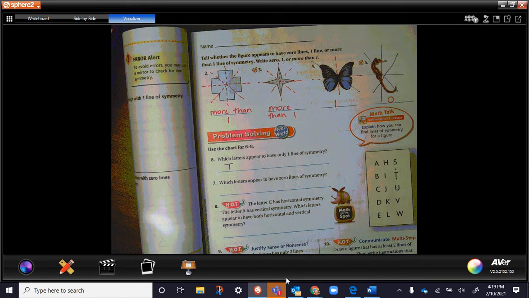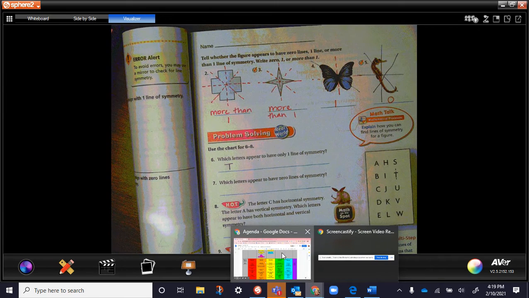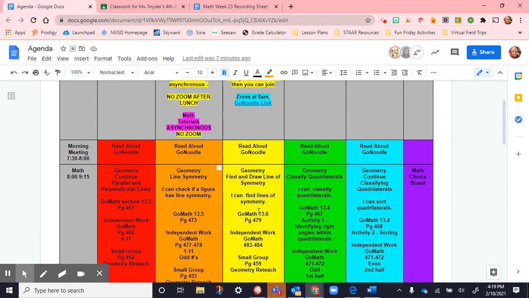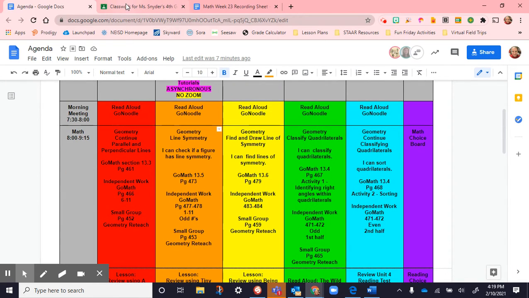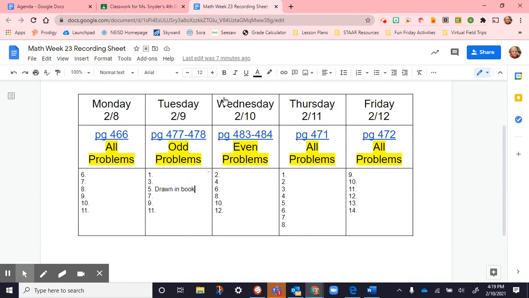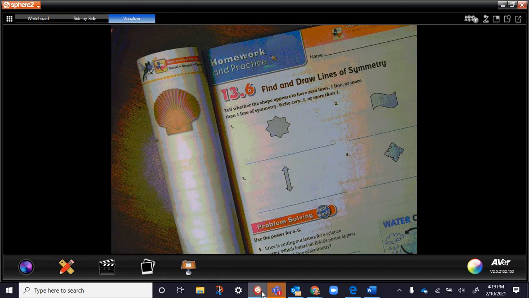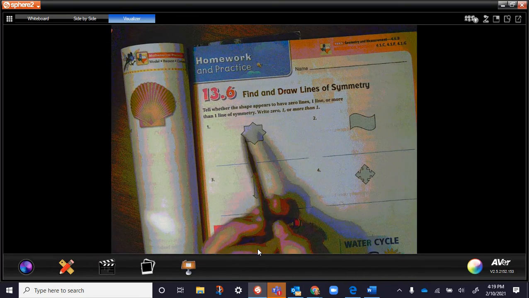All right, so the independent work for today, if you go back to the assignment here. Today is Wednesday, so this was on page 483. So some more shapes where you are practicing like we did in class.